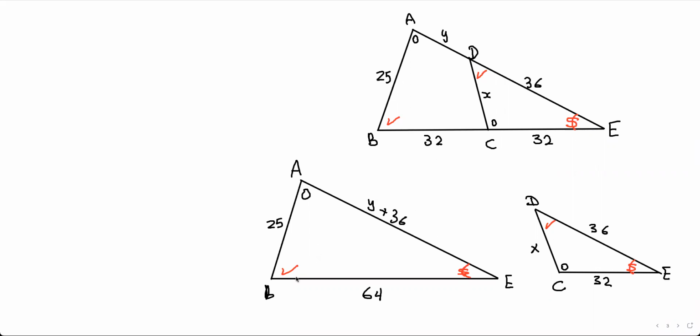Now the length of this side here is 32 plus 32, because that's the whole thing, 64. This is 25, and all of this will be the y plus 36, which we wrote right here. And here we have the x, we have the 32, we have the 36. This is our shared angle, which is right there. This angle, we said, equals that angle, and therefore the third angle here must equal that third angle.